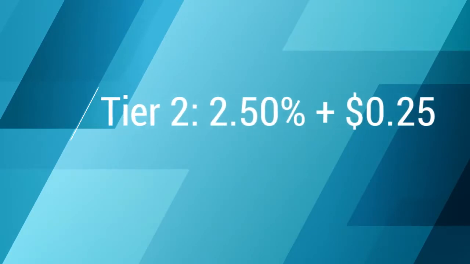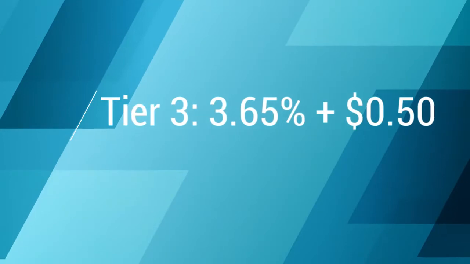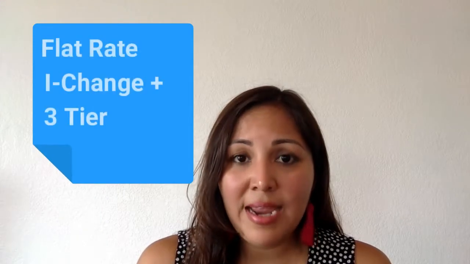Maybe for whatever reason you had an issue with your terminal, you decided that you don't have it set up to auto batch and you forgot to batch it out that night, and so a couple days later you actually settled transactions days after you got the authorization. That makes those riskier transactions, and so those are actually going to qualify for the highest pricing, tier 3 pricing. So those are the 3 different pricing structures: flat rate, interchange pass-through, and 3-tier pricing.